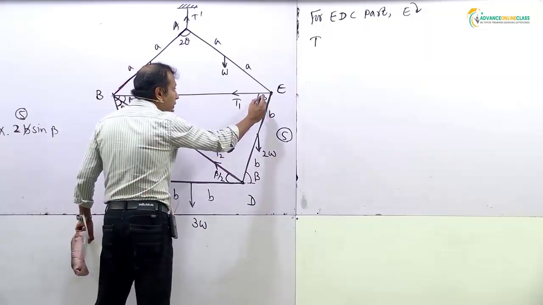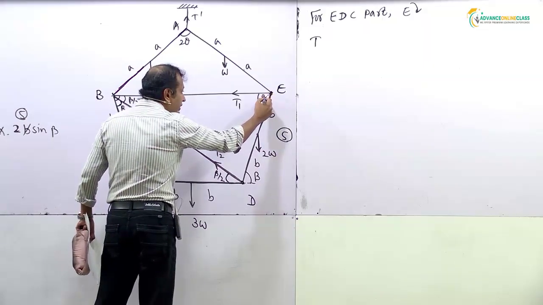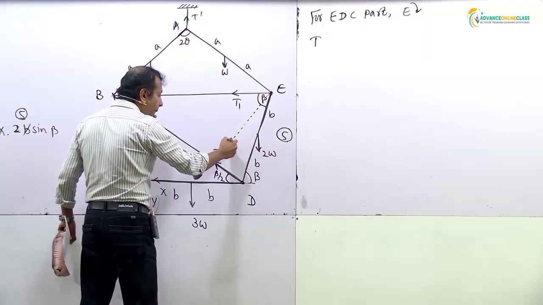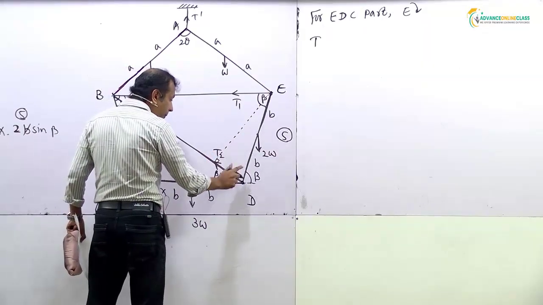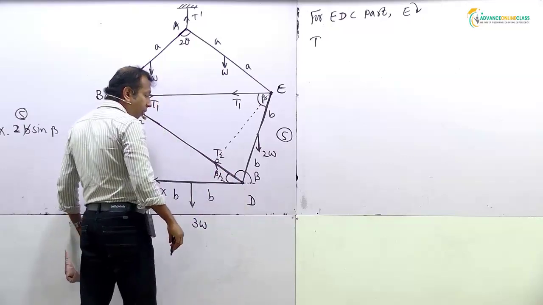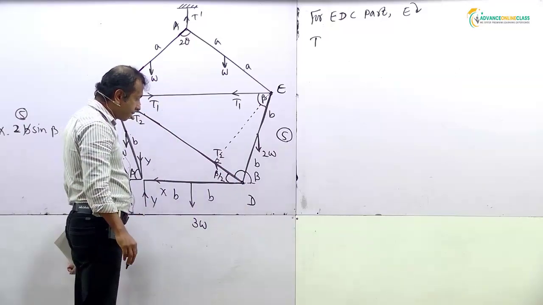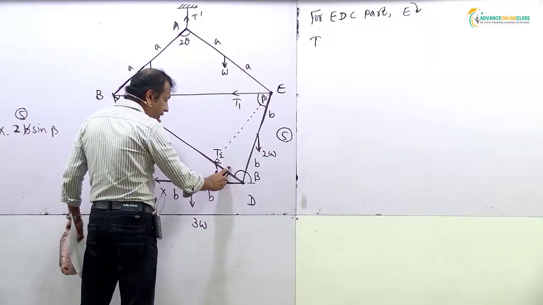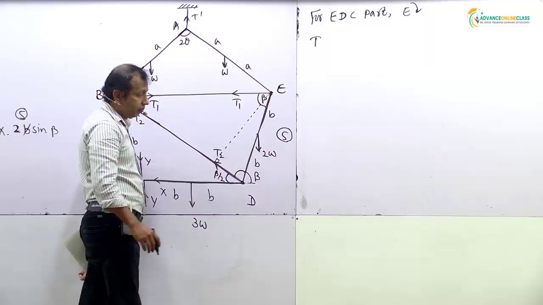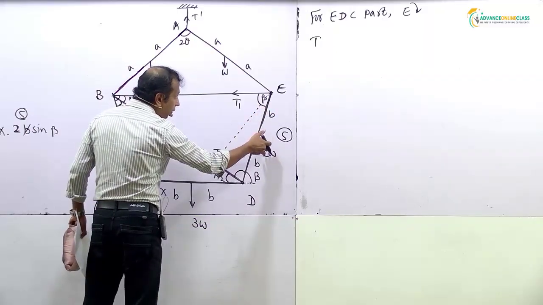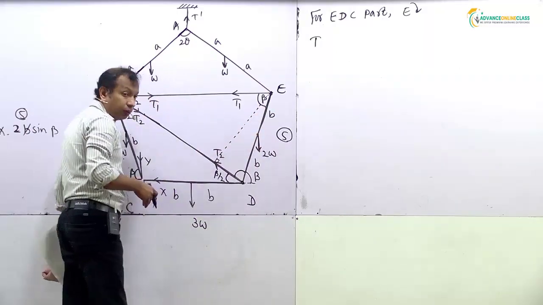If I drop a perpendicular here, that perpendicular distance we need now. What is this? 180 minus 3 beta by 2, into 2b sine.